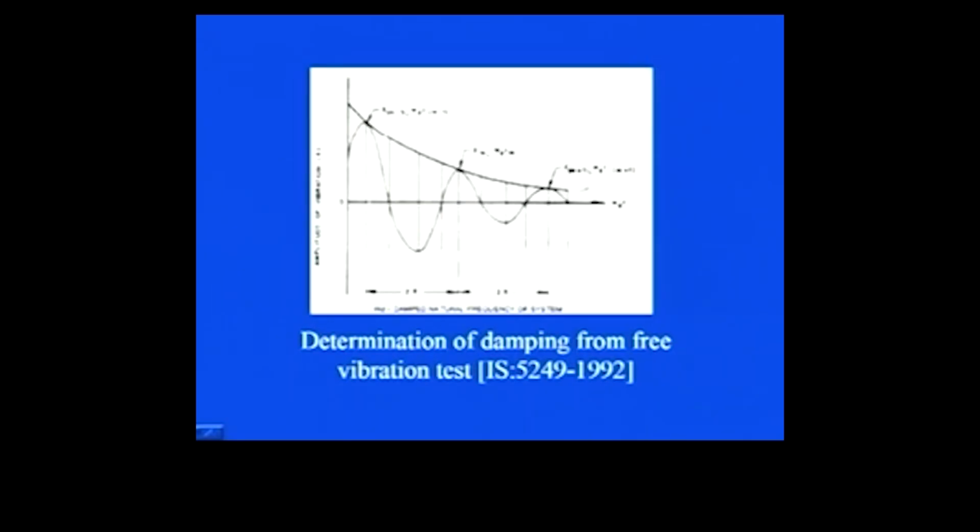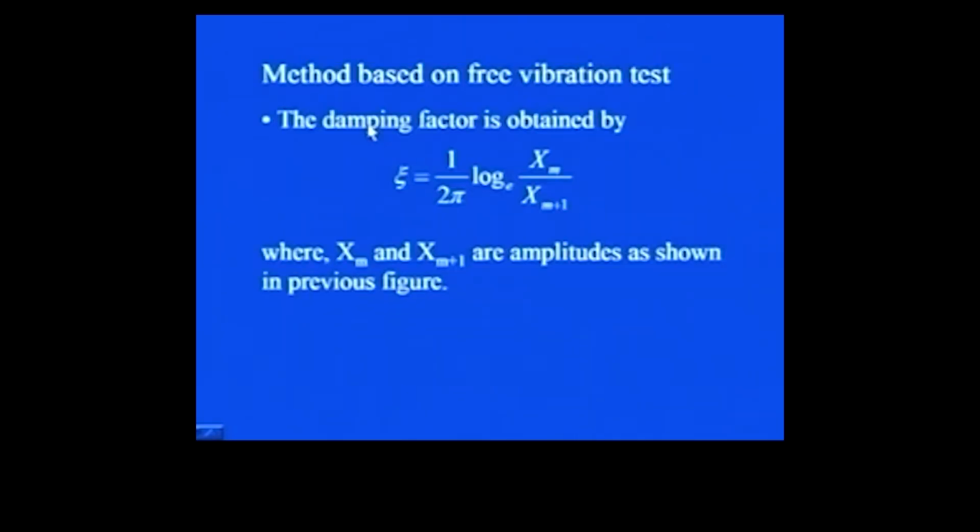If I call the amplitude corresponding to this particular peak x_{m+1}, the previous one x_m, and this as x_{m-1}, then we can find out the damping factor by using this expression: 1 by 2 pi log_e of x_m upon x_{m+1}.